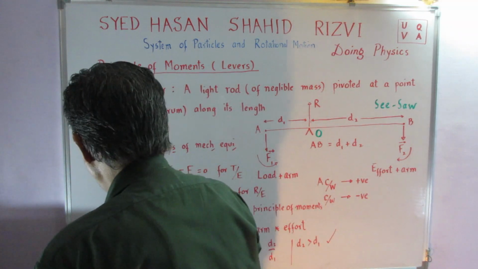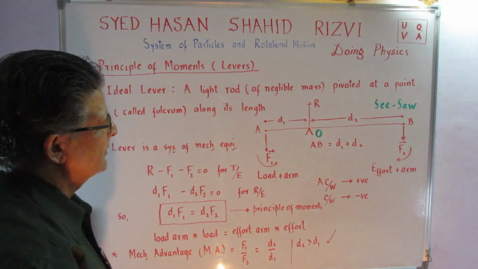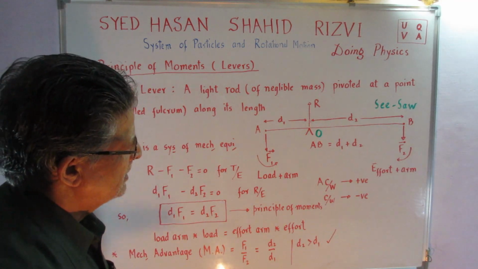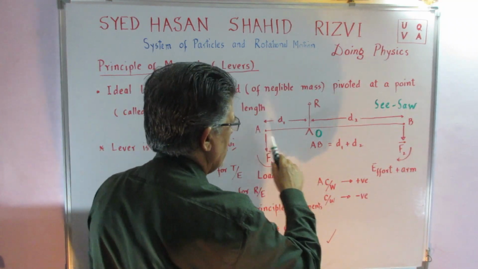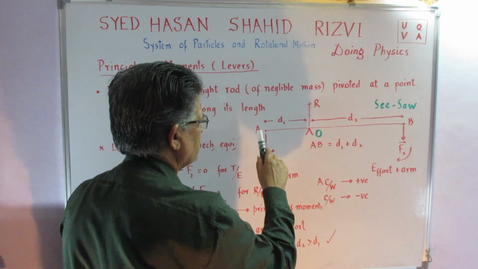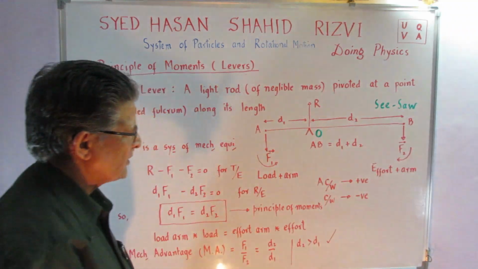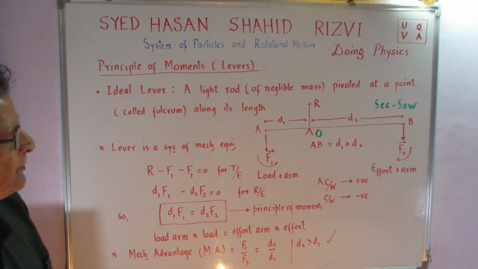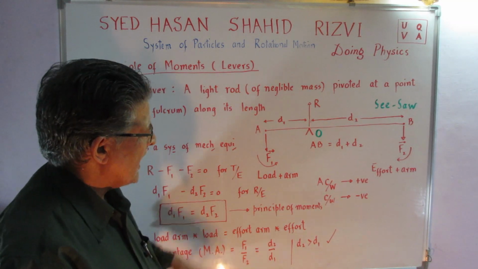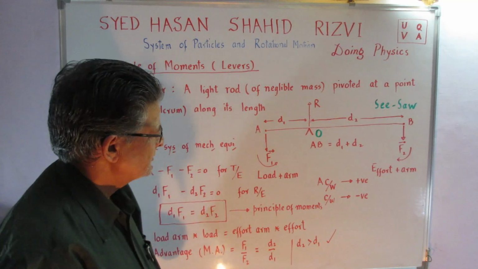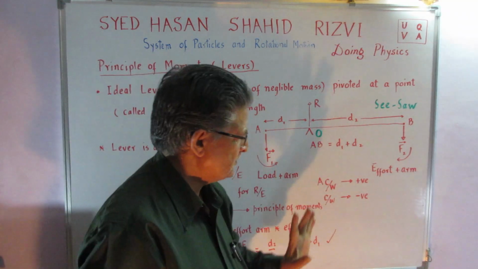And this system I have shown here comprises a length AB, which I can say is equal to D1 plus D2, as has been shown over here. And I have a couple of forces acting at the ends, the force F1 and the force F2.